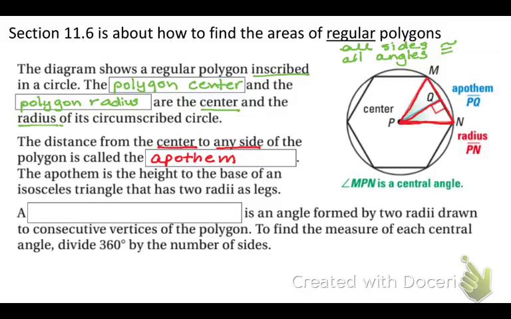And notice that there are 1, 2, 3, 4, 5, 6 isosceles triangles in a hexagon. Here's my apothem for that one. Here's my apothem for that one. Here's my apothem for this one. Apothem for this one. Apothem for this one.